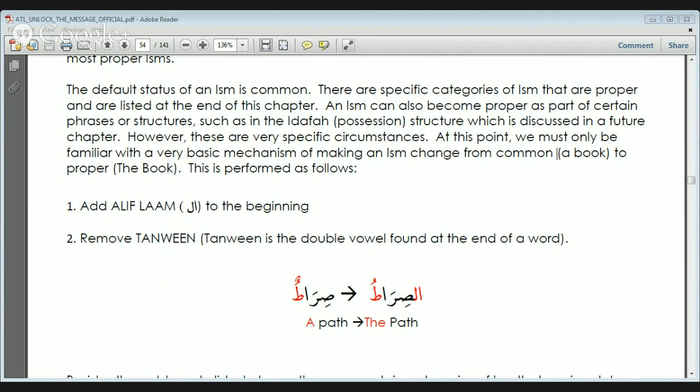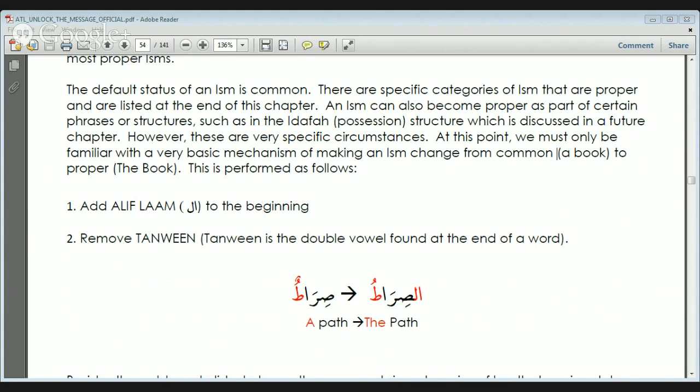Number 1, what do we say? Add an alif lam. So for example, okay. Kitabun.